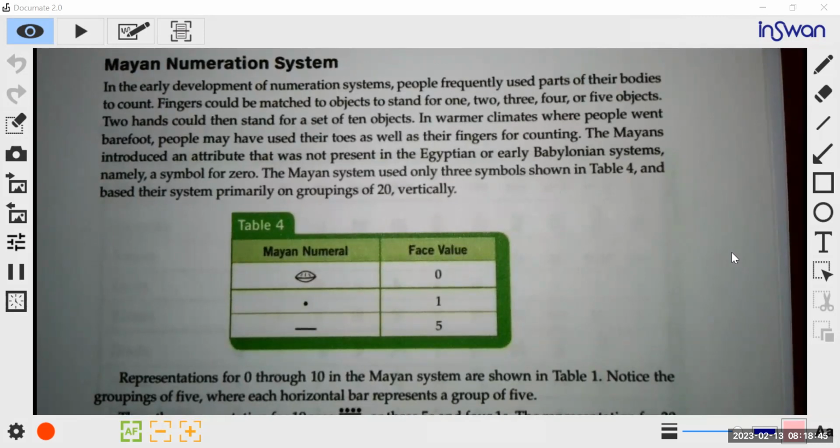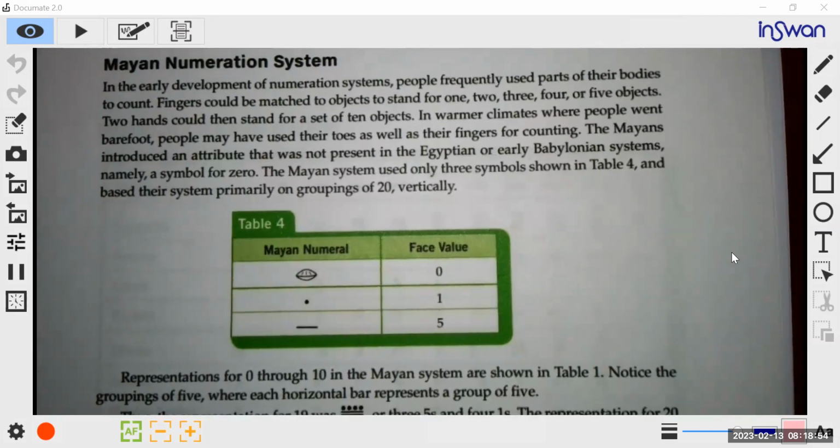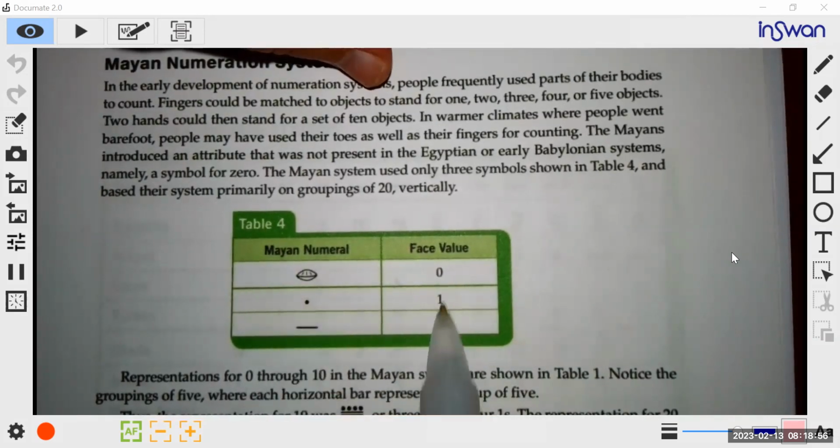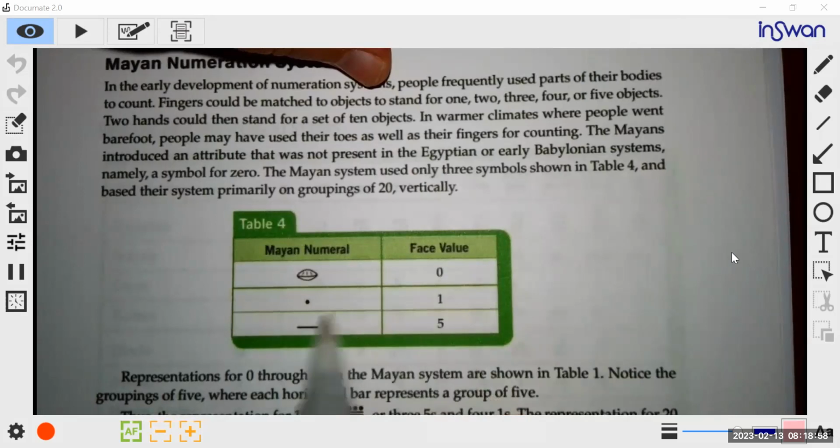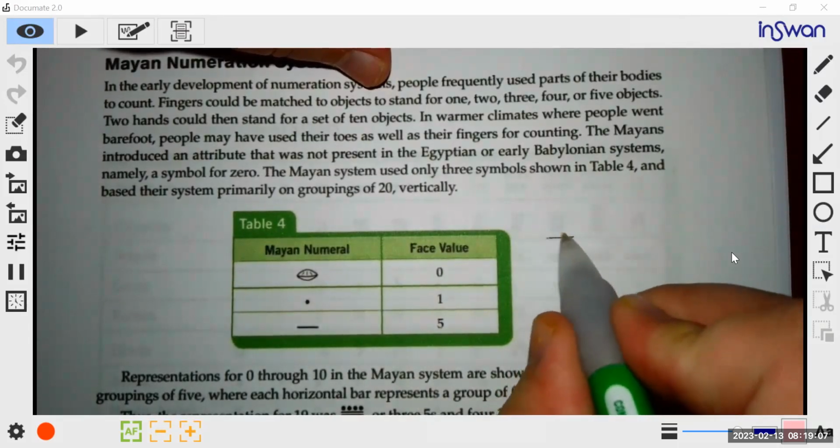And as we'll see, the Mayans had a vertical numerical system. What do I mean by that? In a nutshell, a shell is a 0, a single dot is a 1, and the line is a 5. So what would this number be?